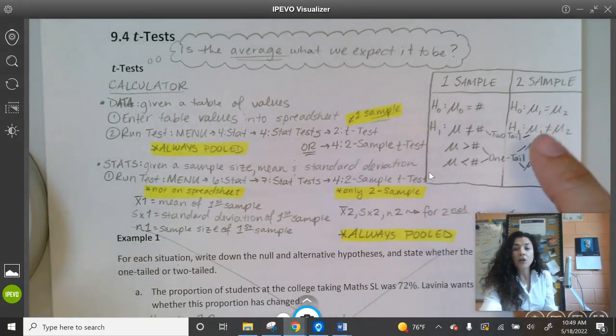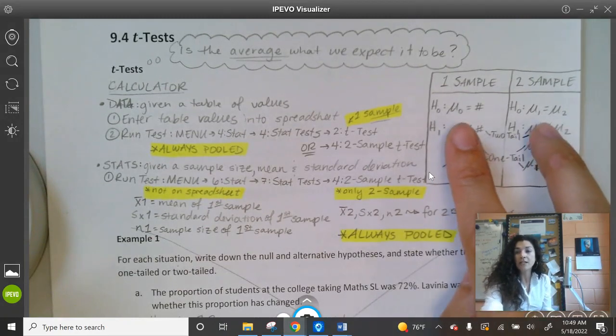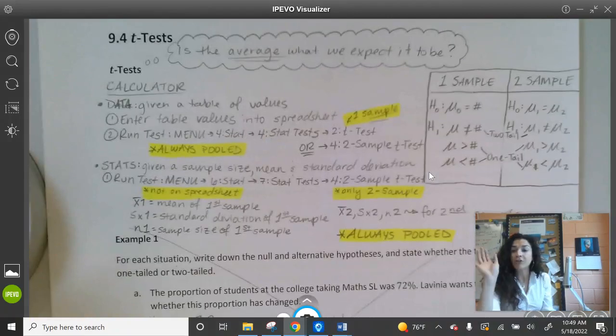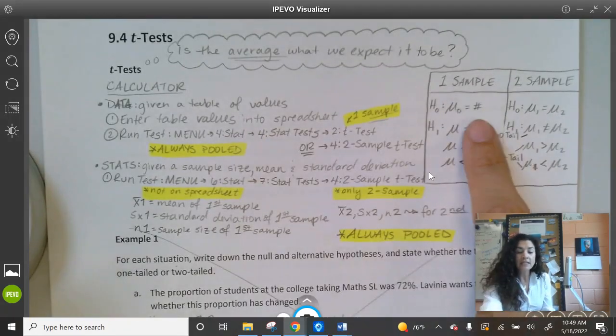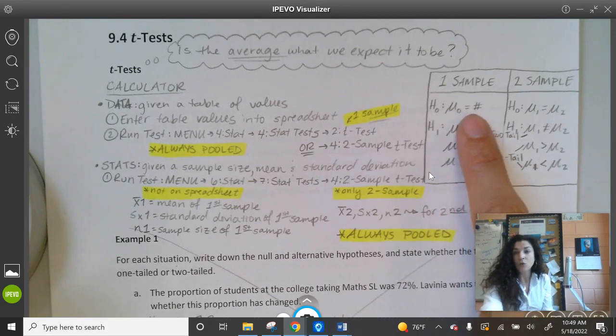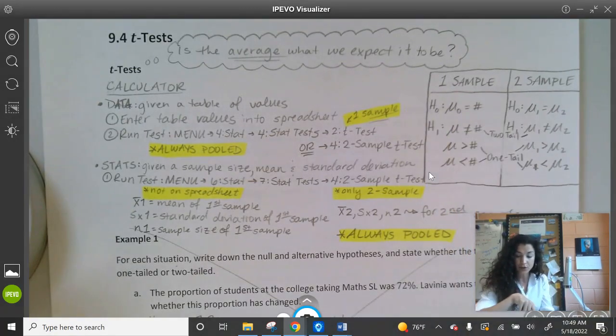Your null hypothesis is always going to be that the average is equal. With a one sample, it's that the average of your one sample is equal to the number that they tell you it should be. So you can see down here in example 2 that it says a population with a mean of 34.5. So your null hypothesis will be that the average of this sample is equal to 34.5.